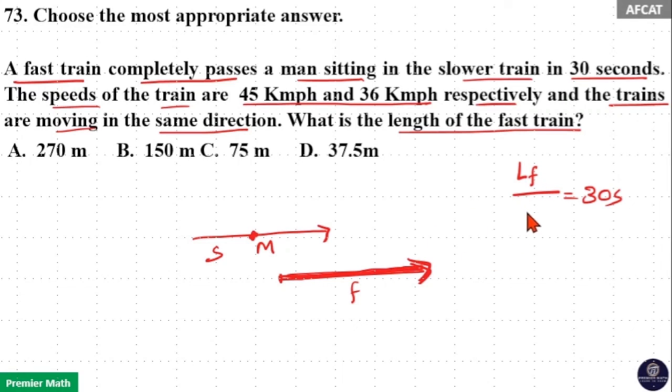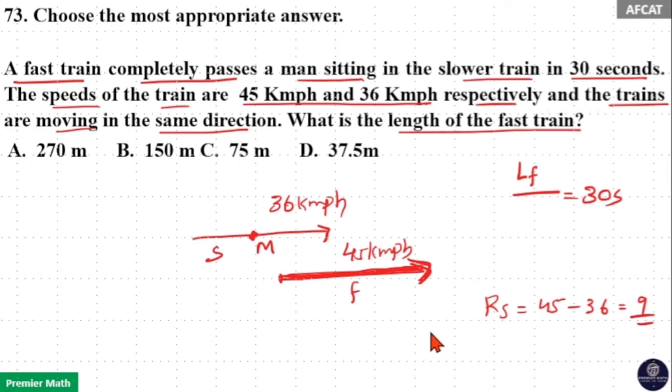Now speed is the relative speed between these two trains. These two trains are moving in the same direction. Same direction means minus, that is, subtract the speeds. Here 36 km per hour and 45 km per hour are the speeds, which means relative speed is equal to 45 minus 36, which is equal to 9 km per hour.